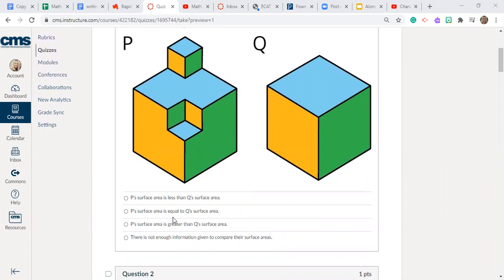P's surface area is equal to Q's surface area. P's surface area is greater than Q's surface area. There is not enough information given to compare their surface areas. Please select the correct choice. Pause the video now.